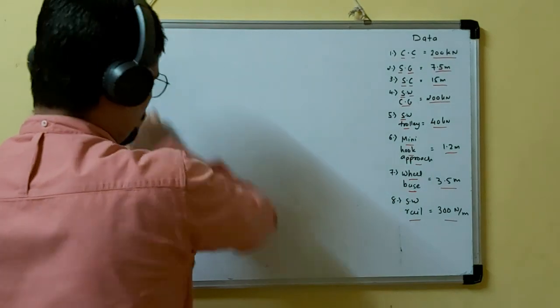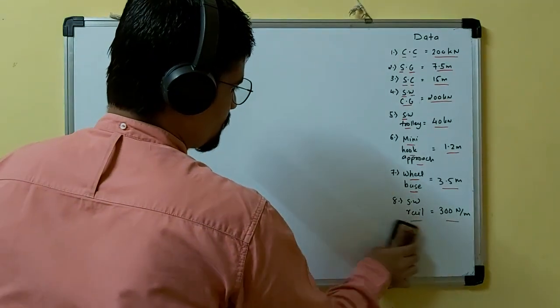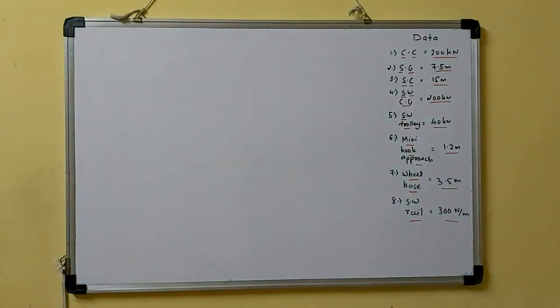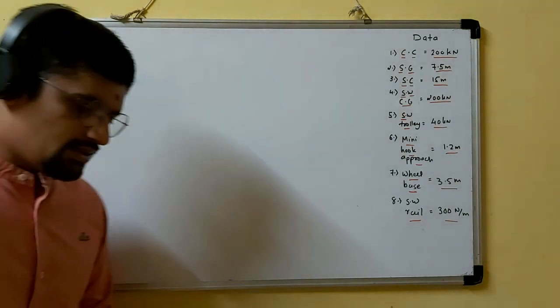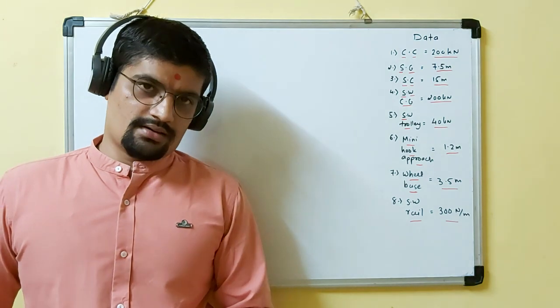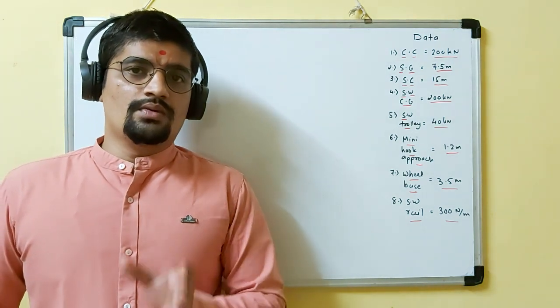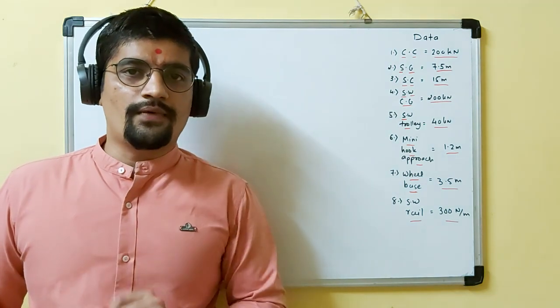Starting with the calculation, the first step of the gantry girder. To design the gantry girder, the first step in any structure we want to design, the main aim is to calculate the moment and shear. For moment and shear both, we need to calculate the load first.